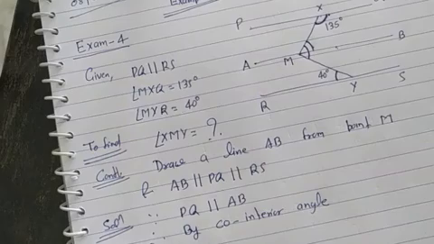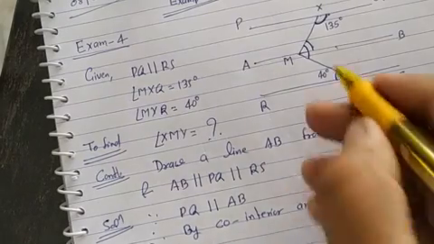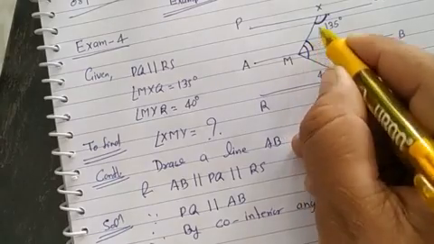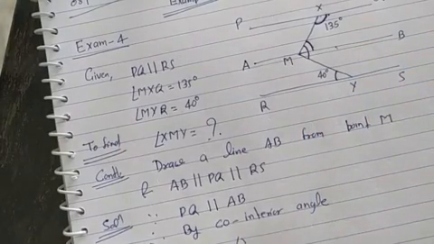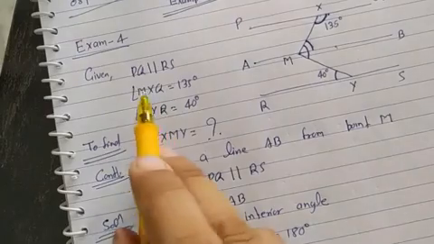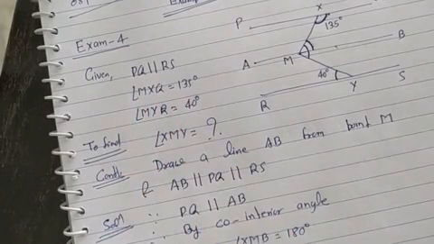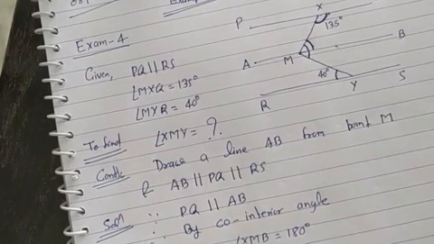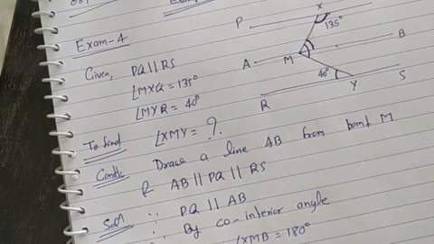Angle MXQ plus this angle, the name of this angle is XMB, angle XMB is equal to 180 degrees, and the value of angle MXQ is 135. Put it here, 135 degrees plus angle XMB is equal to 180 degrees.